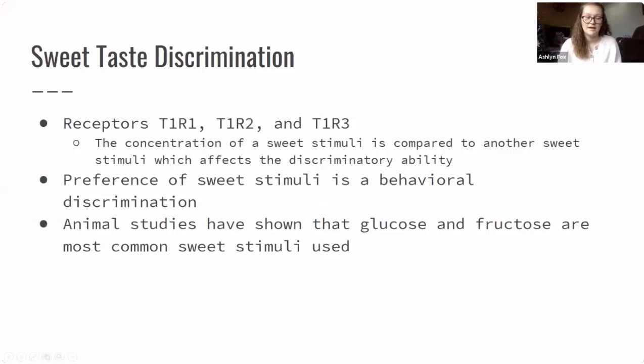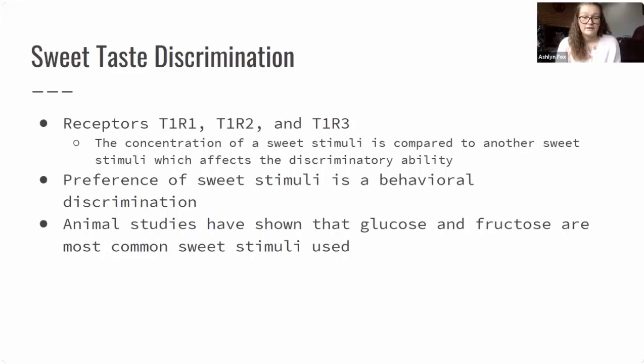So the first thing that we looked at was sweet taste discrimination. There are 3 different receptors following this, the T1R1, the T1R2, and the T1R3. These receptors are expressed in certain taste buds and, when combined in different ways, mediate the sweet taste. The concentration of a sweet stimulus is compared to another sweet stimulus, which affects the discriminatory ability.